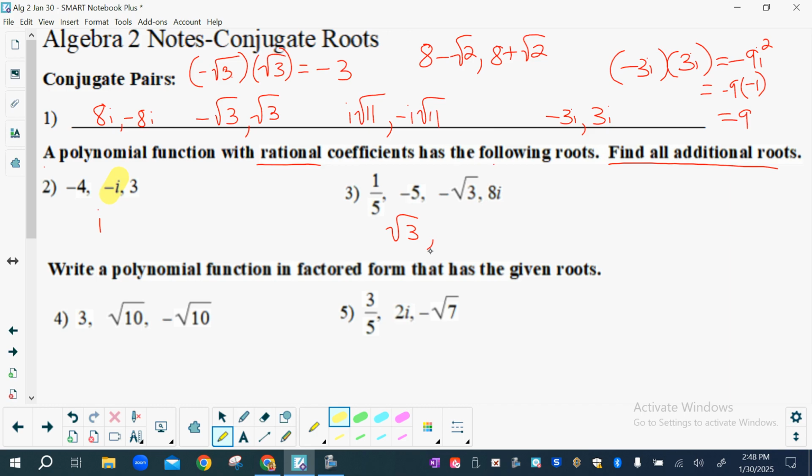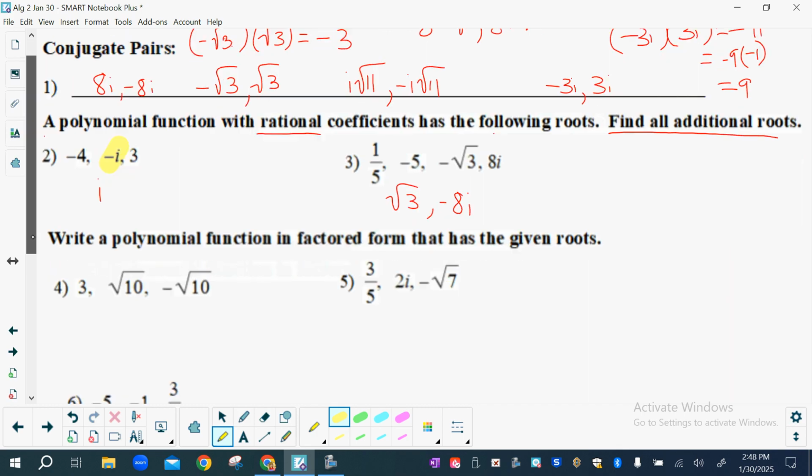Negative for this 8i. Does that make sense? Good. So that negative 8i would be an additional root. We didn't take the opposite of negative 5 because we don't need that. It's not one of the conjugate pairs. It's only the square roots or the i's that are going to have conjugate pairs.